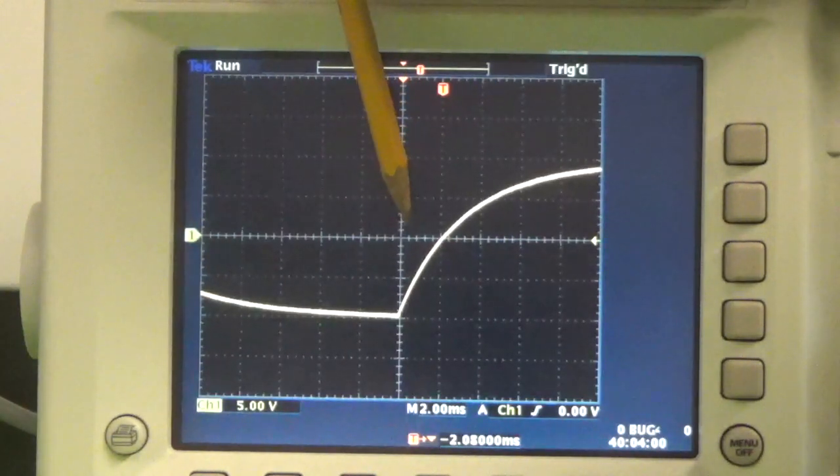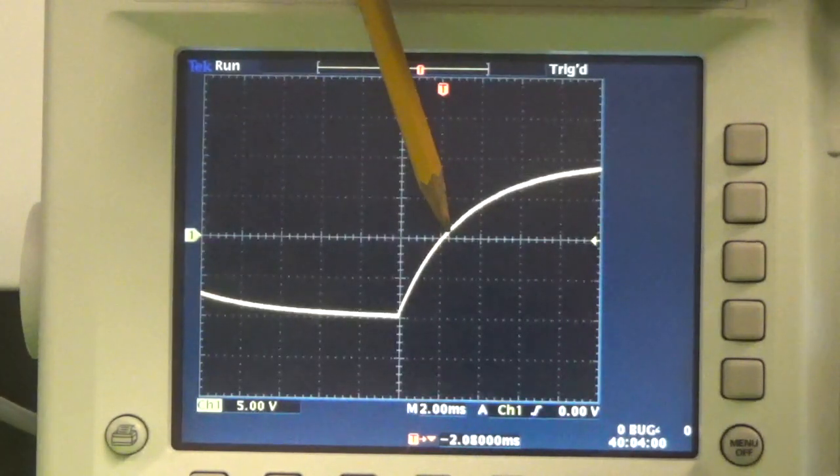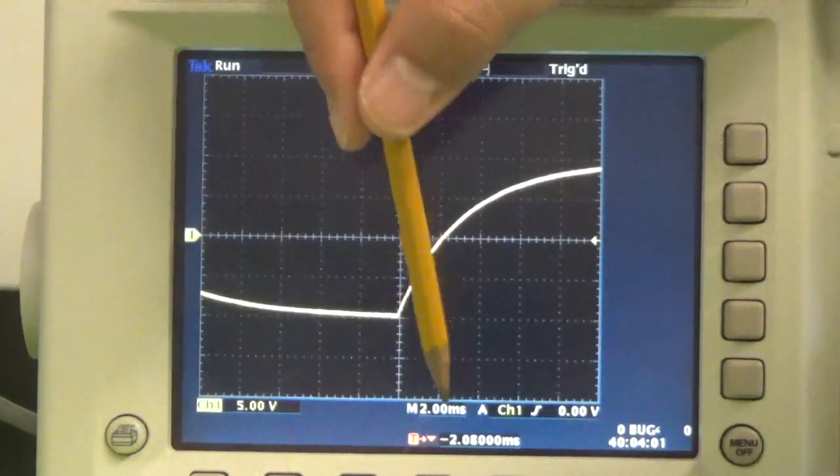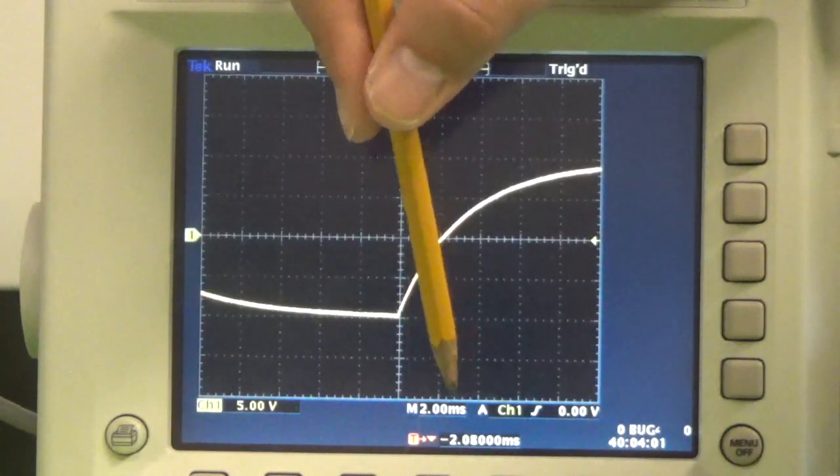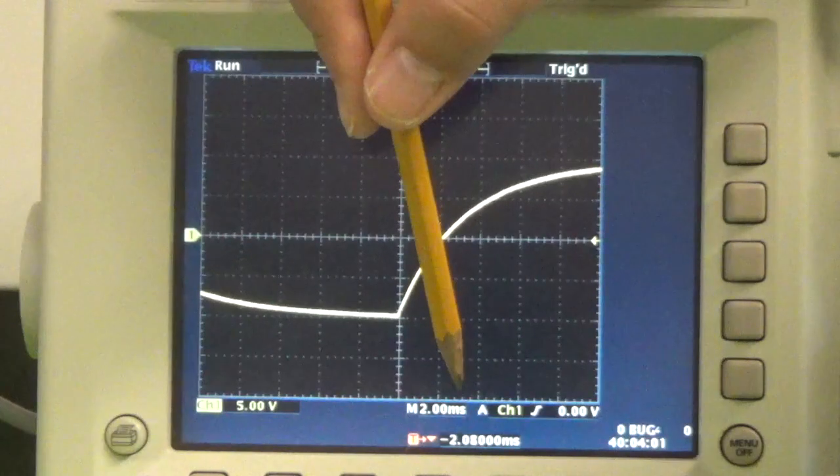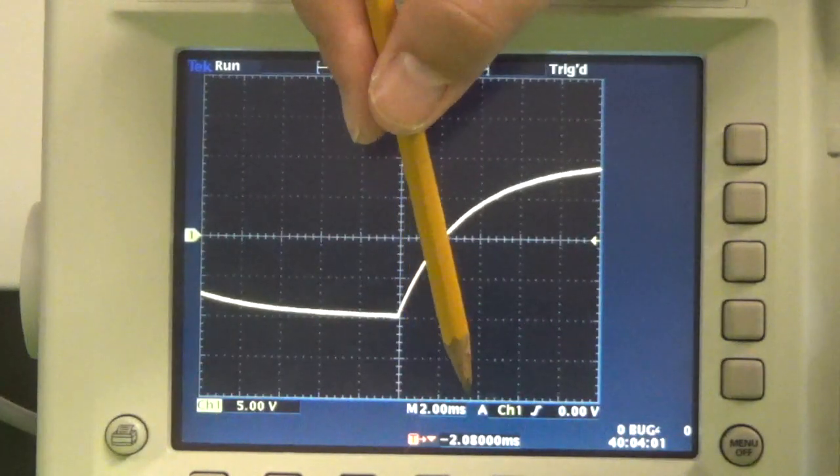Actually, we can see that we have just 1 square, from this point to that point. So 1 square times 2 milliseconds will give you 2 milliseconds.